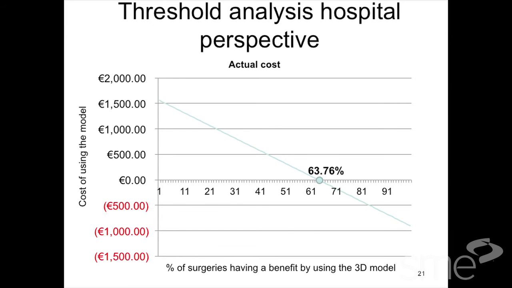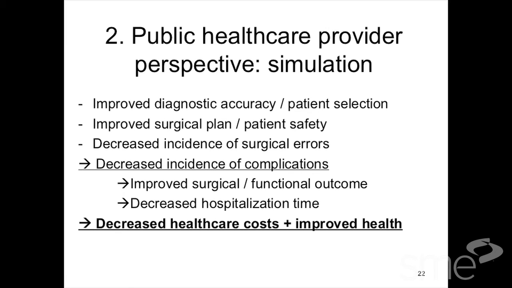So if we go further, we can go to the public health provider perspective. And there, the simulation would improve the diagnostic accuracy and patient selection, improve surgical plan and patient safety, and decrease incidence of surgical errors. And if you put that into cost or really relevant things, we would come up with one thing, and that's reduction of complications.